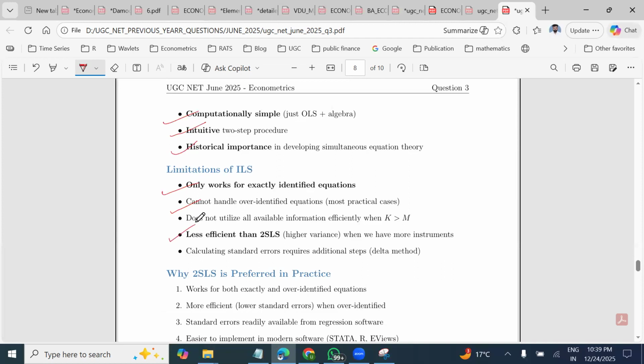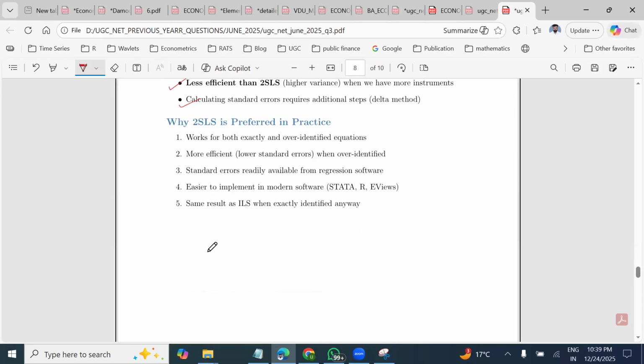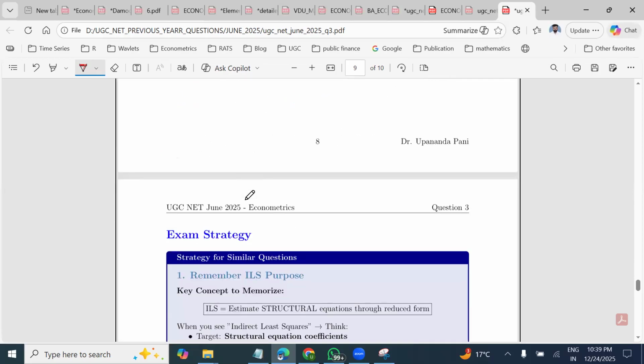It is less efficient than 2SLS, and calculating standard errors requires additional steps. So why is 2SLS preferred in practice? It works for both exactly and over identified equations. It is more efficient, and standard errors are readily available from the regression output.